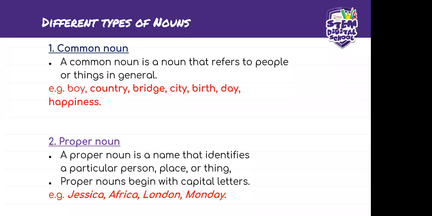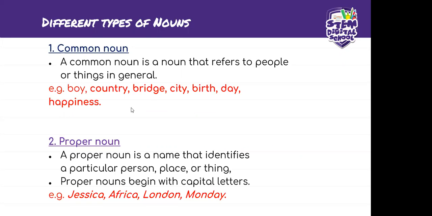So all those are examples of common nouns because they refer to things in general. So they refer to common things. Okay, you realize that with these examples which I gave, you know all these things. You have seen these things before. You have walked on them before. You have smelt them before. You have heard about them before. Okay, so these are common things.